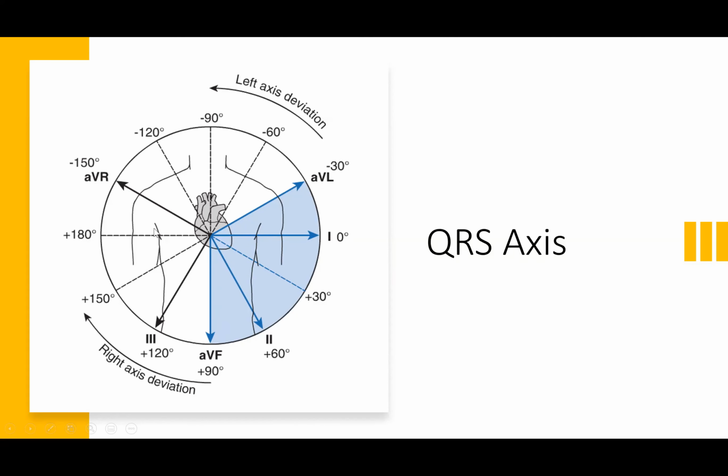So the normal axis, the definition, is actually from -30 to +90, and that's important because a lot of physiology textbooks will tell you from 0 to +90, and that's not the case. Also, -30 to 0 is normal. So remember, -30 to +90 is the normal QRS axis.